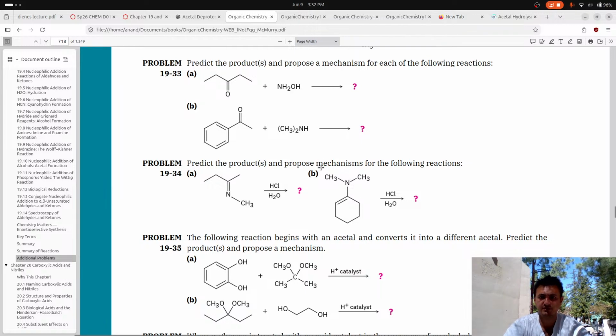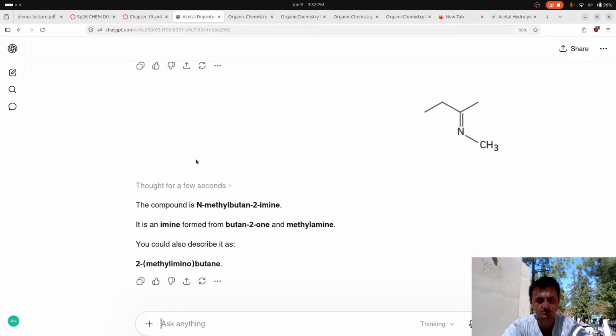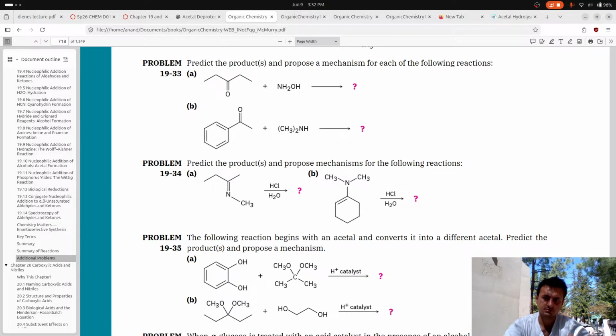Let's see, what's the name of this? I love names. Okay, let's do this. So you assume that the logical thing happens where the proton is taken and is put on the least substituted.